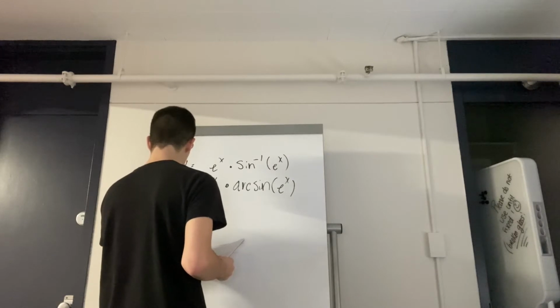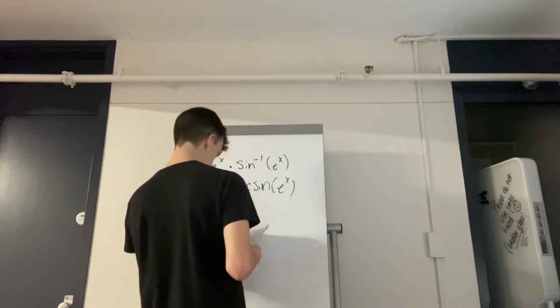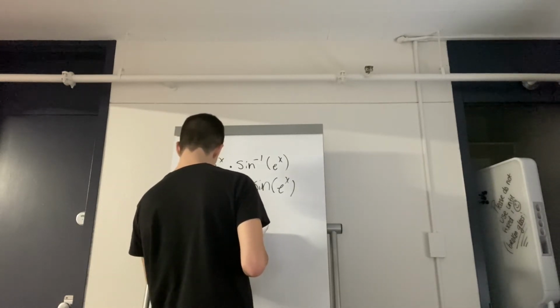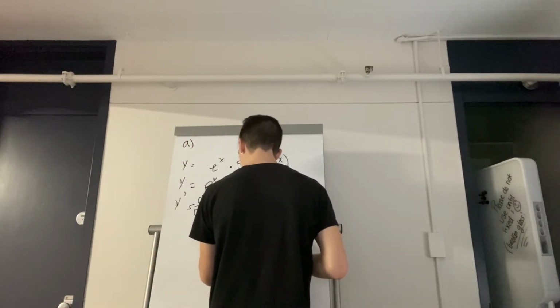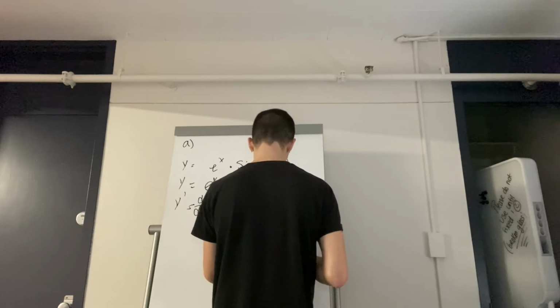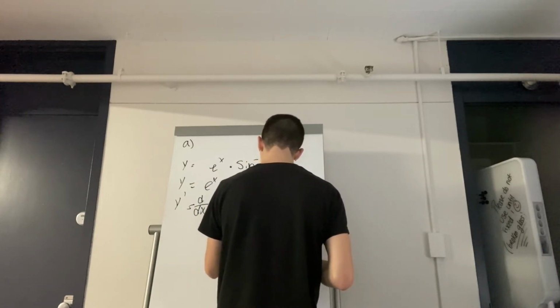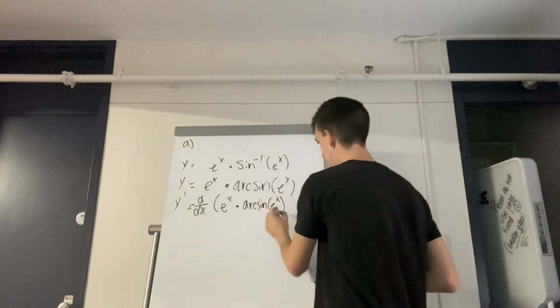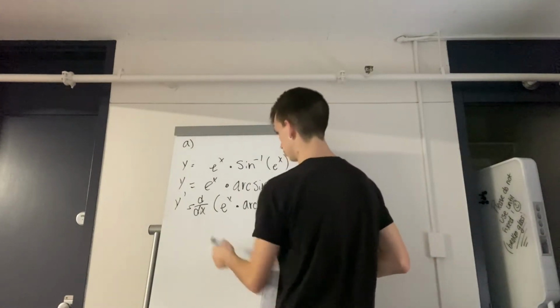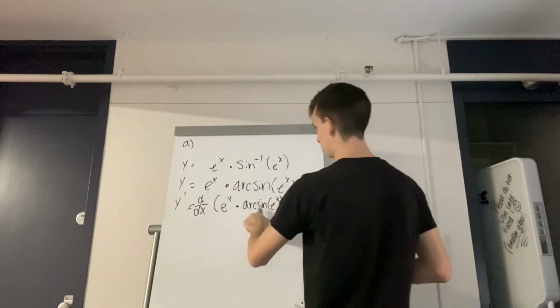We're just going to rewrite it that way to make it easier to visualize. Next, we're going to start: y prime equals d over dx of e to the x times arc sine e to the x. From here, we're going to use our differentiation. We know that these two are being multiplied together, so we're going to use our product rule.